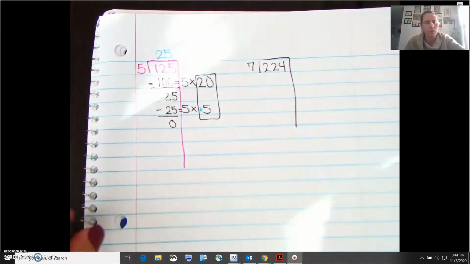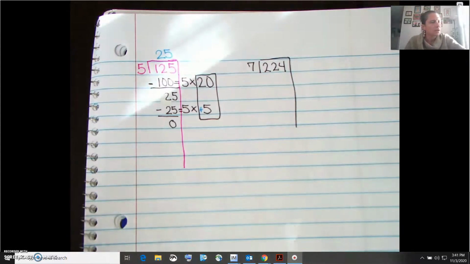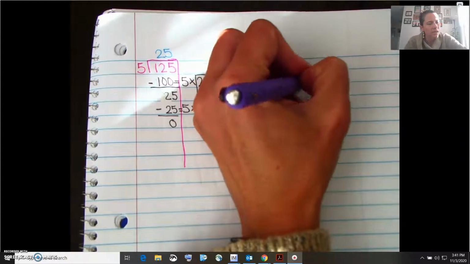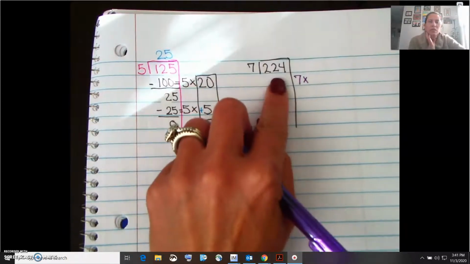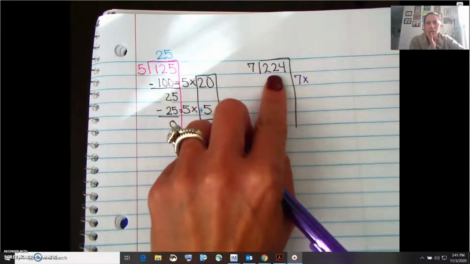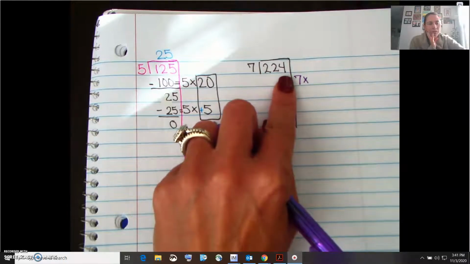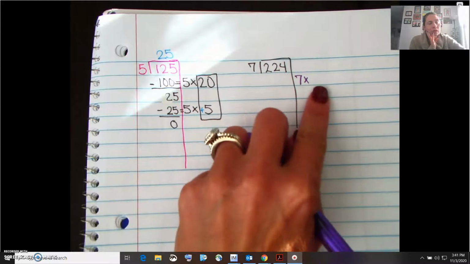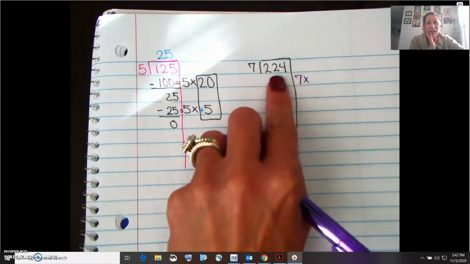And if we need to go longer in our line, we can. Okay, so then I have to think, what times 7 is going to give me close to 224? Well, if I do 100, that's going to give me 700, and I don't want that.